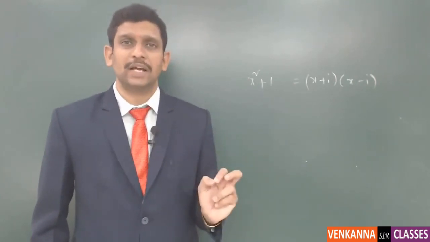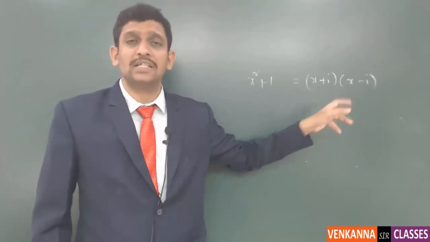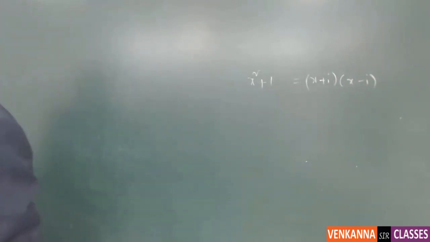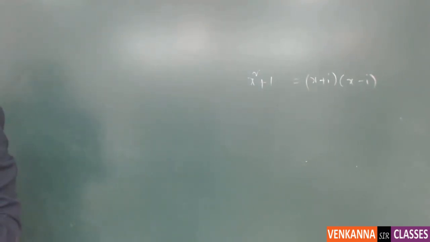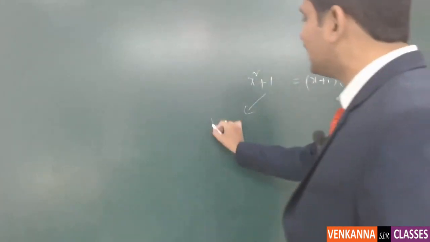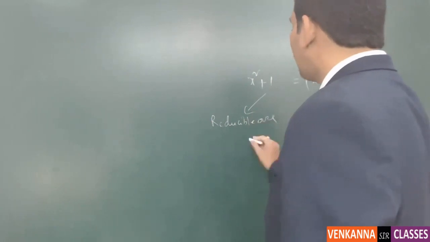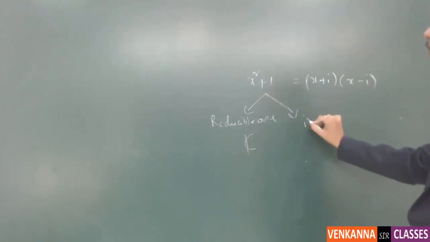Now understand one thing: from the very factors, if you observe, the coefficients belong to the complex number system. Accepted? In other words, i is a root and minus i is a root for the polynomial. So we say that this polynomial is reducible over the complex number system, and it is irreducible over the real number system.